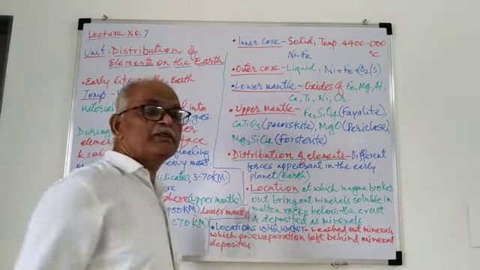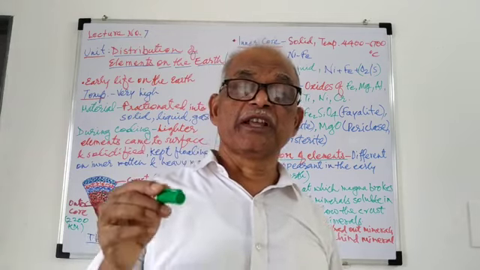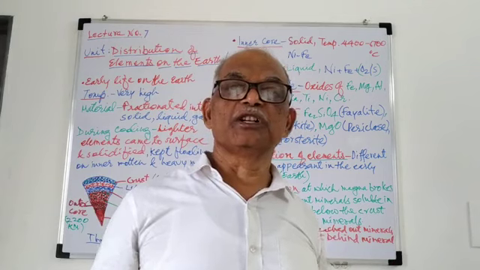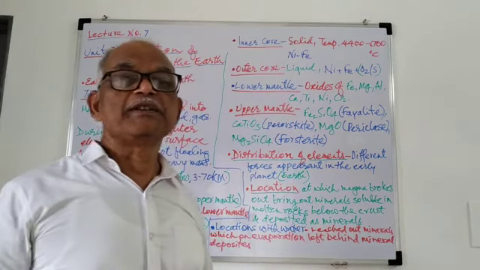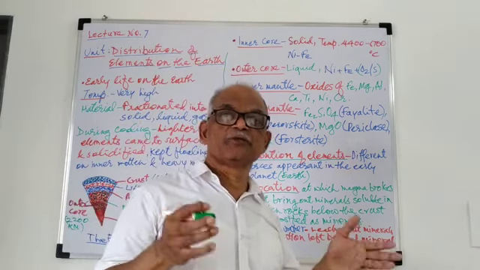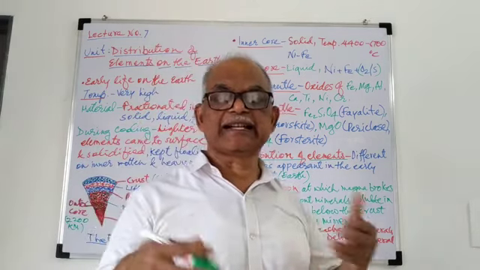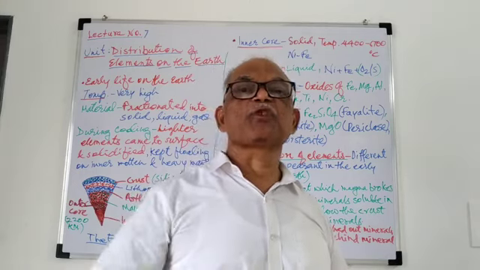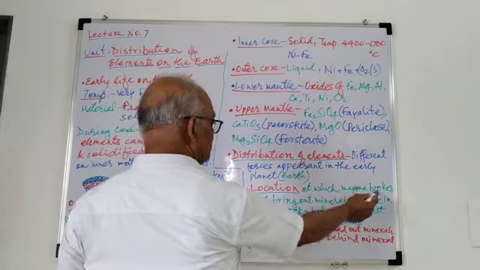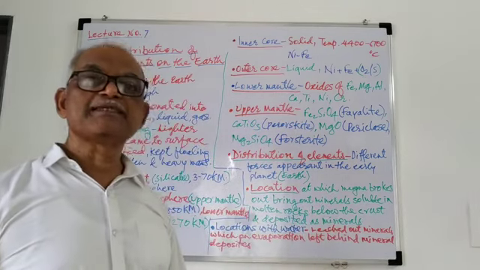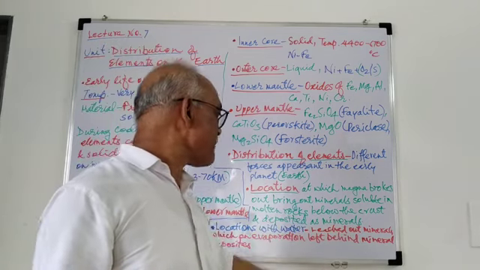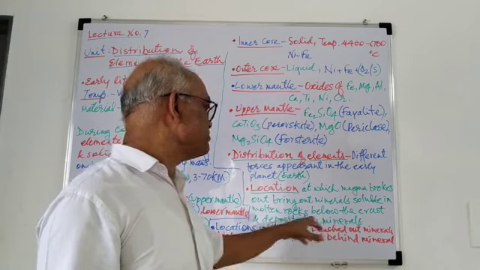Now the location of minerals is different. It is not constantly the same all over the surface of the earth. It depends upon various factors, such as there are some locations where volcanic eruptions are taking place or magma is brought to the surface. Some locations are there at which magma breaks out and brings out the minerals which are soluble in molten rocks below the crust.